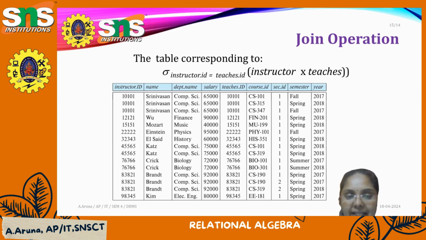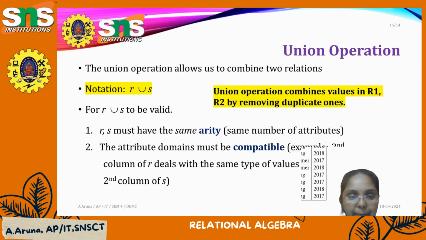So I can select instructor.id equal to teachers.id, in that particular semester or in that particular year, whoever is taking the class. So I have to take it from two tables, instructor and teachers. Here I have to use a Cartesian product. This is how, with the help of a condition, we are joining the two tables.